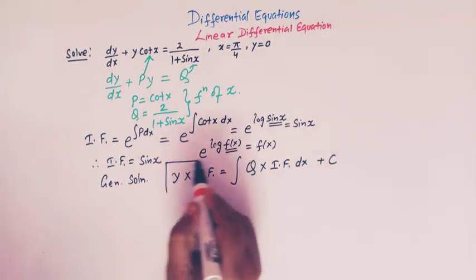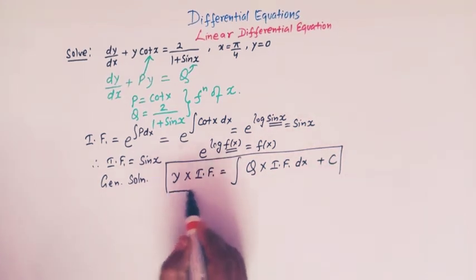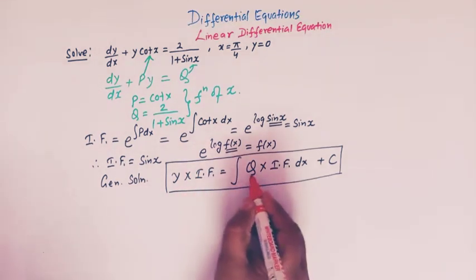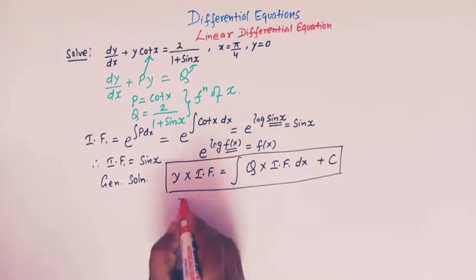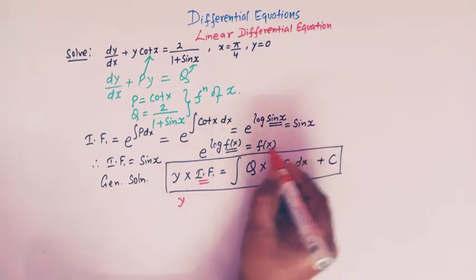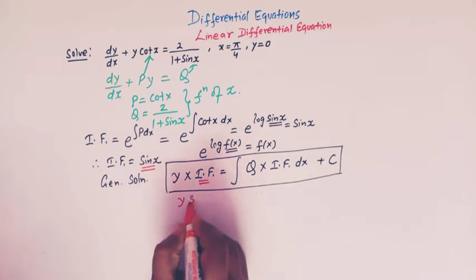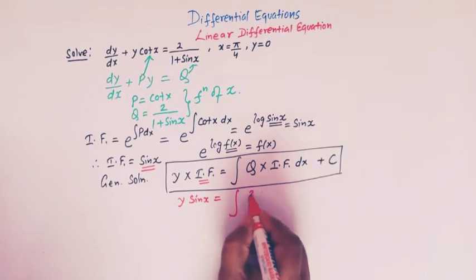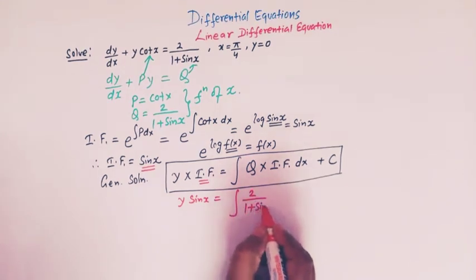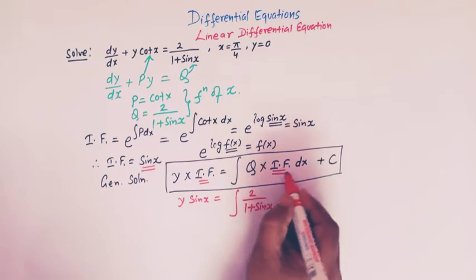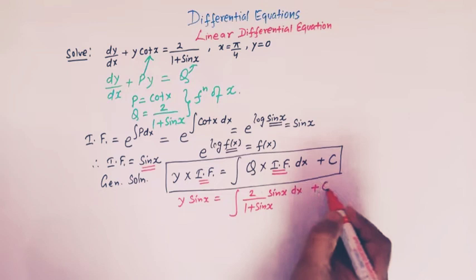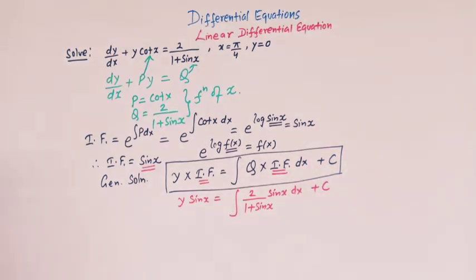Now we'll put the value of the integrating factor and q. So we have y times sin x equal to integral of 2 over 1 plus sin x times sin x dx, plus c, where c is the constant of integration.